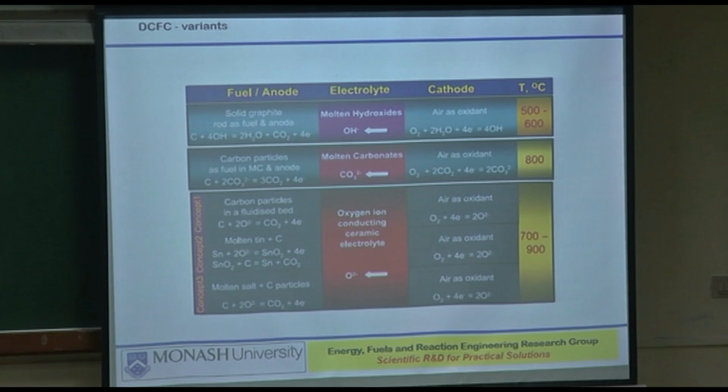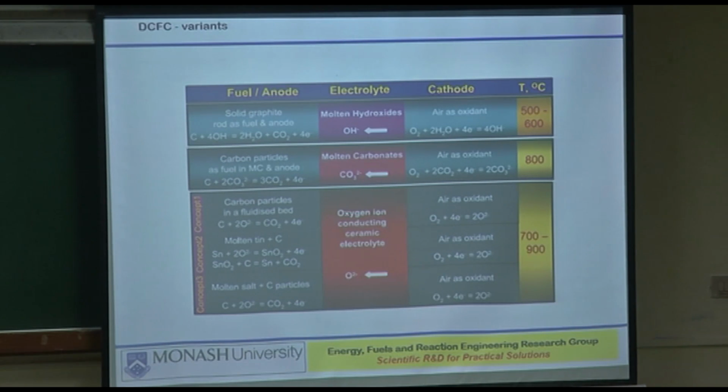Okay. Now let's look at the anode side together with the fuel. In one variation, the first one, it can be the solid graphite rod as fuel, and of course that can be anode as well. Graphite is something which you cannot convert thermochemically, right? Very, very difficult unless you go to extremely high temperature.